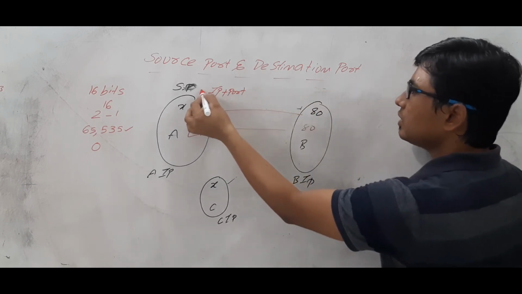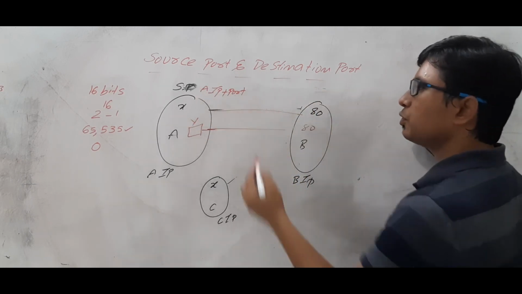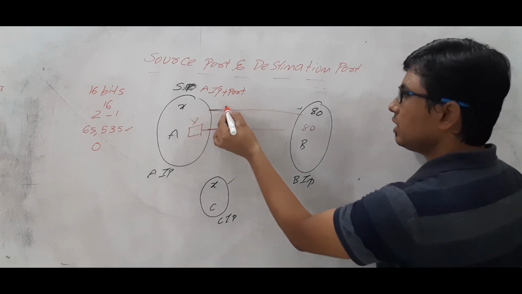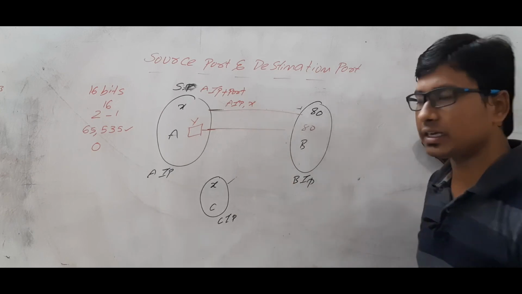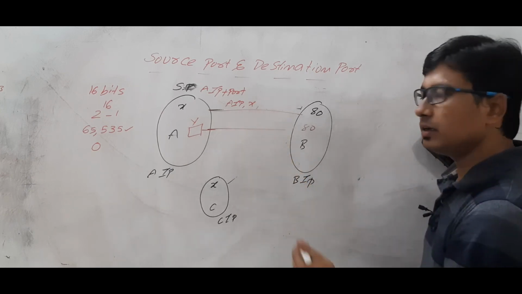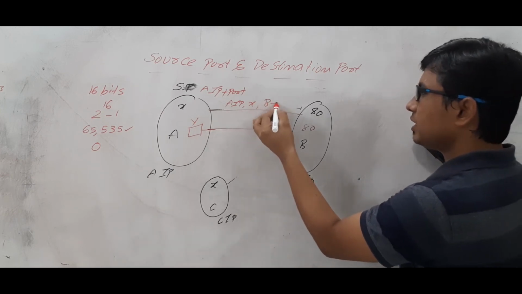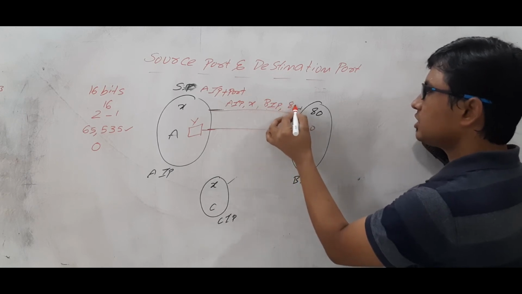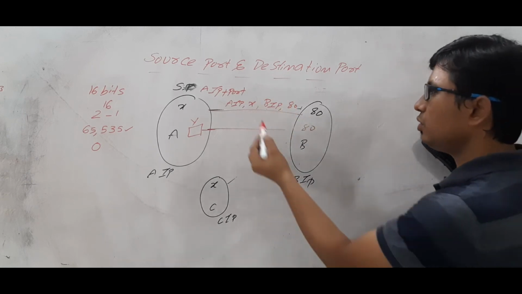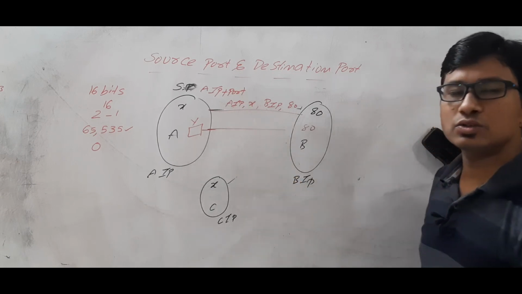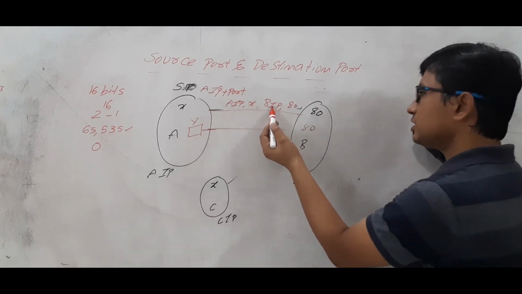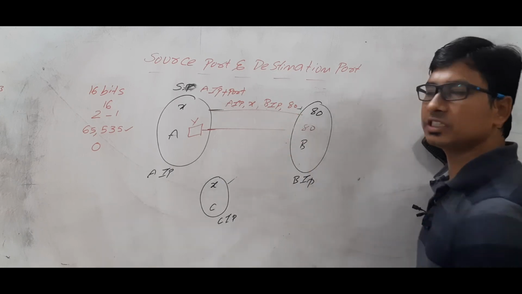You have A's IP address and A's port number, which will be X. And here you have B's IP address and the destination port number is 80. So you will have the source port number plus source IP address, and similarly the destination port number plus destination IP address.